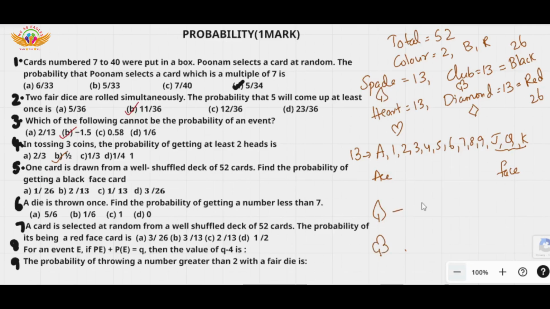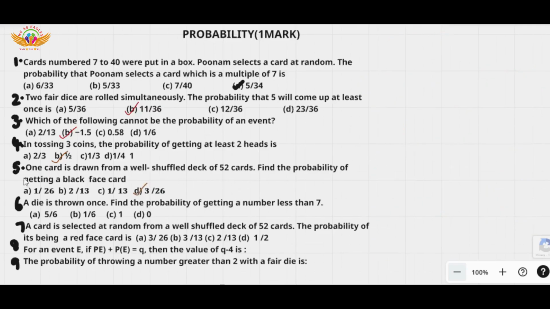In the spade, we have 3 face cards, Jack, Queen, King. Again, in the club, we have Jack, Queen, King, 3 face cards. Total 3 plus 3, we have 6 face cards out of 52. If you just cancel this, 2 3s are 6, 2 26s are 52. So 3 by 26. The answer is option D. Okay, clear? Let us move to the next question.